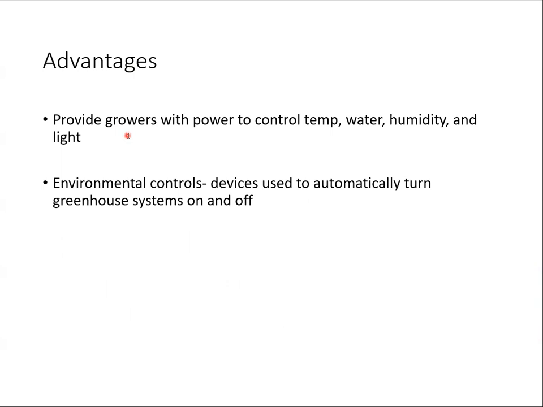So there's the actual mechanisms that will heat and cool and add humidity to our greenhouses, and they can be controlled via very complex automation systems from a remote location, or they can very simply be controlled using on-off and thermostat control at the greenhouse.